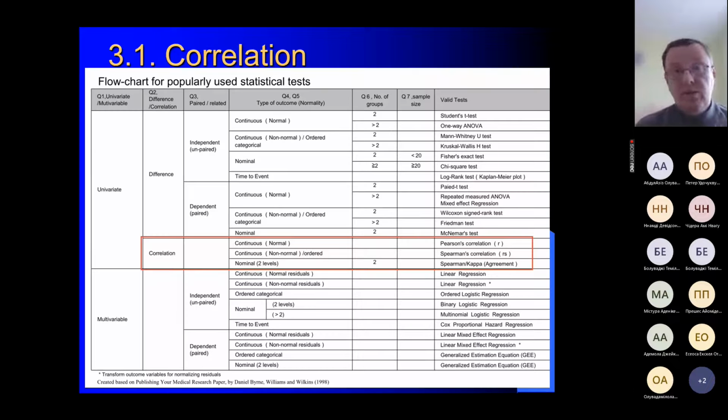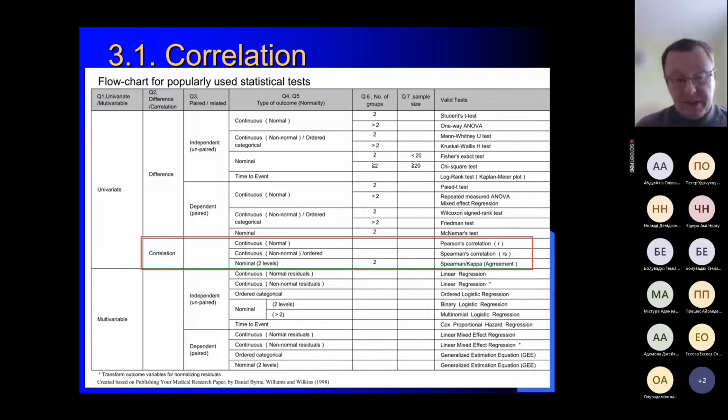So what I want to point out is that correlation is only one of the methods which could be used for identification of relationships between variables. And it is also a part of the general biostatistical analysis.